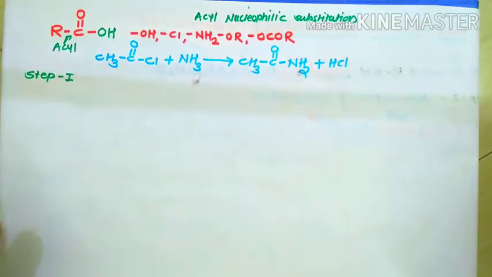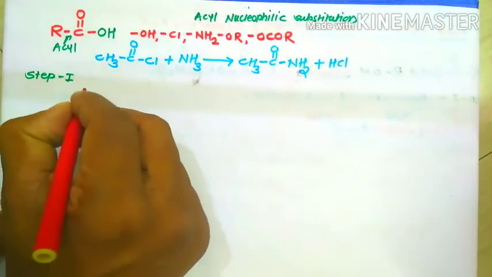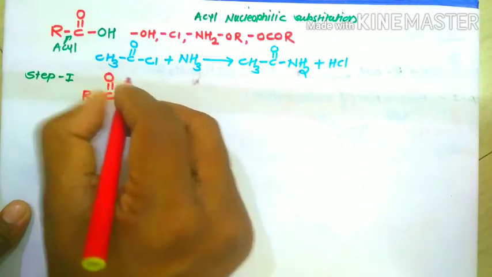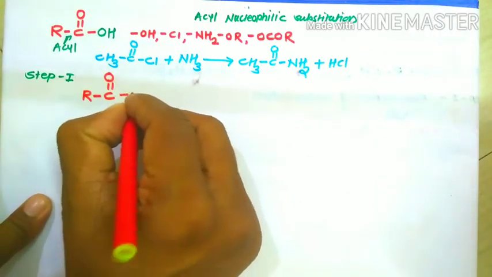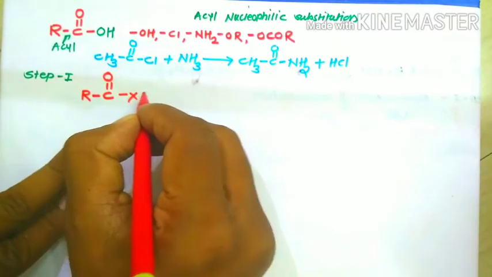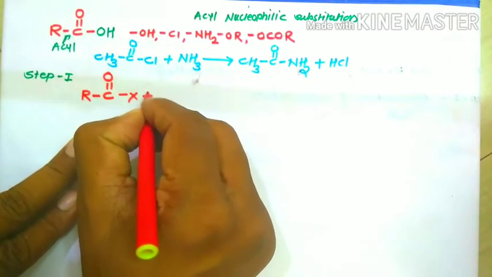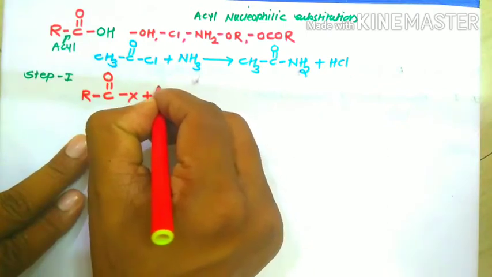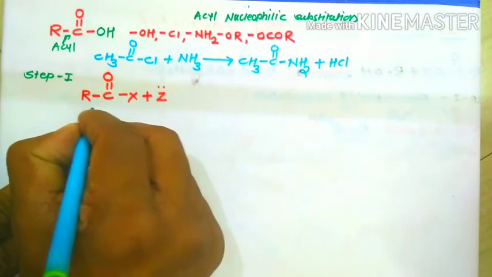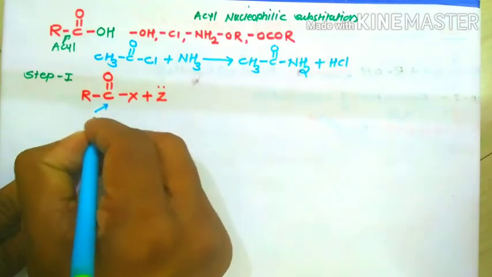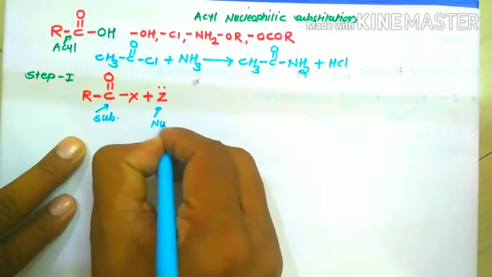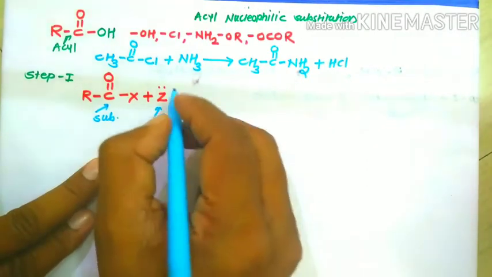Step first: R C double bond O X, where X means halide group, reacts in presence of Z, which is known as the nucleophile.